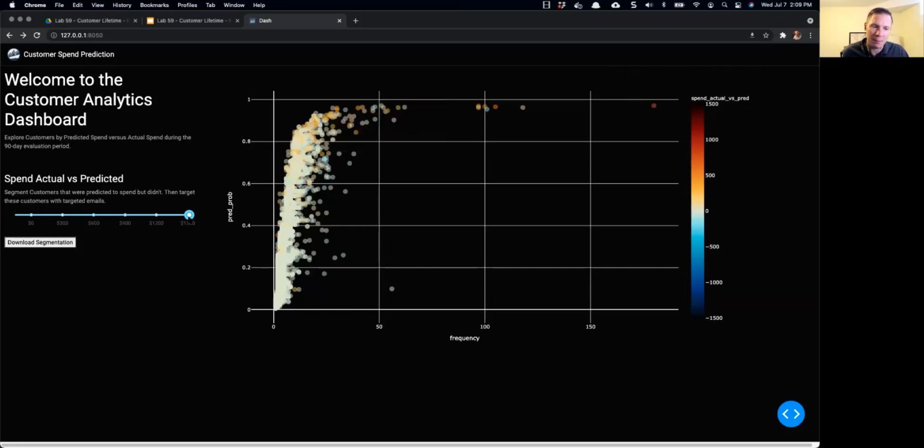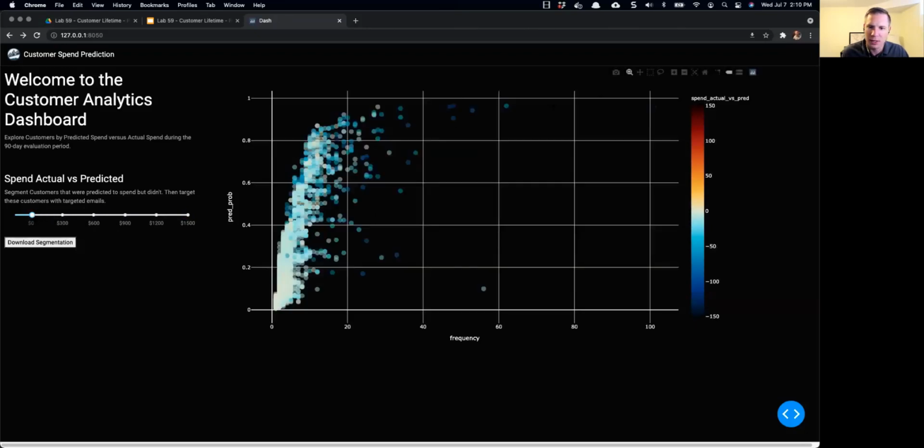And what's cool with this app is this has all of our customers, and we have an algorithm running behind the scenes that predicts what they should be spending, and it compares it to what they've spent. So what I can do is funnel down, and as I lower this, their actual spend minus the predicted spend, when this number becomes very negative, those are the customers that were predicted to spend more than what they've spent.